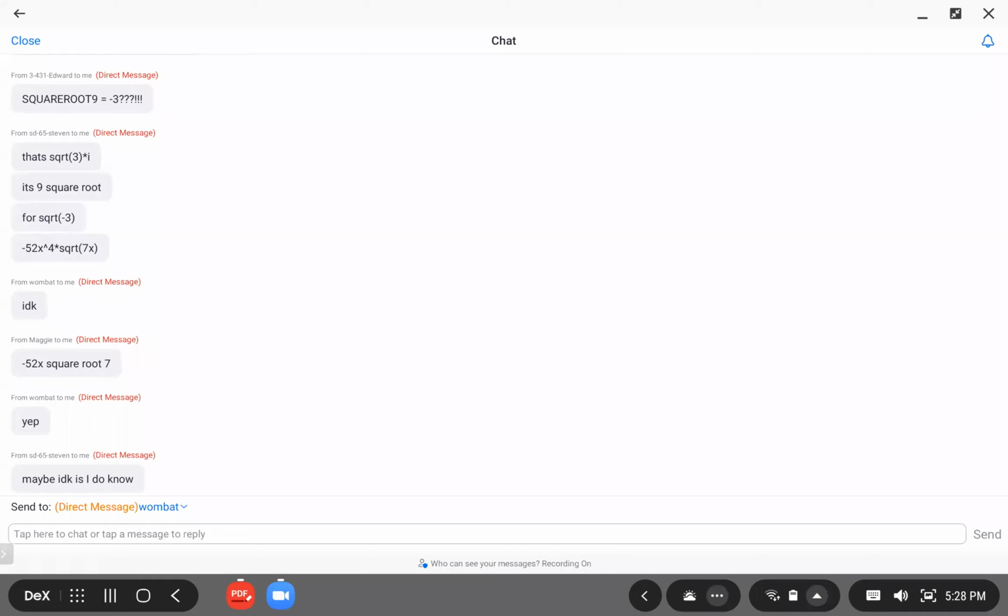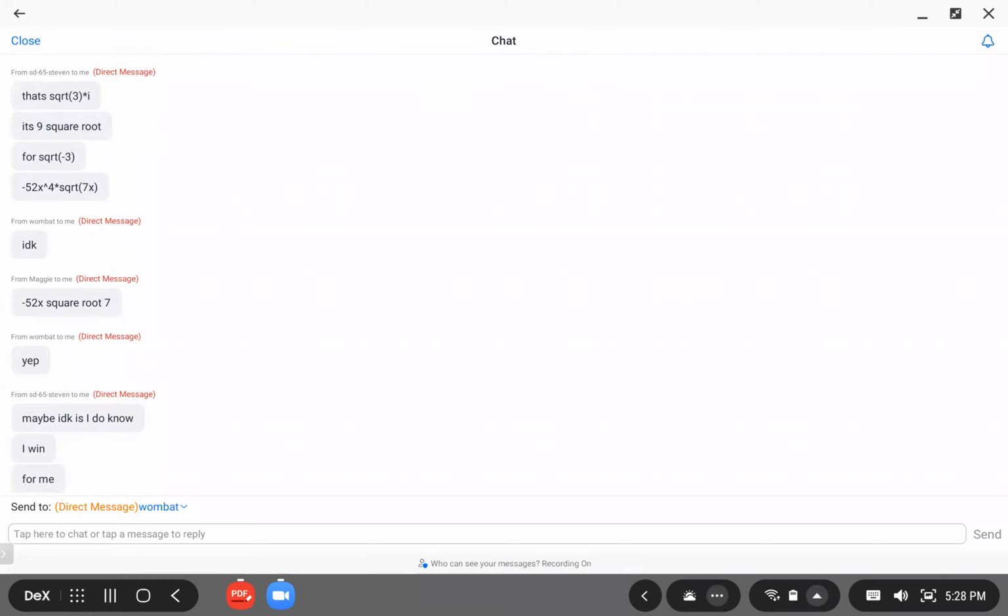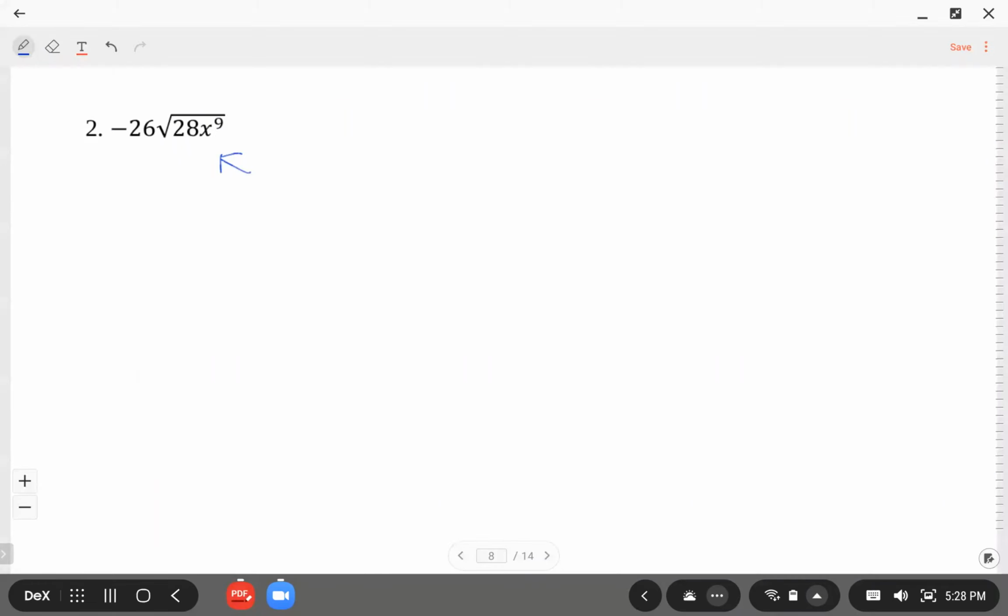Or are you afraid that it is wrong? Okay. First of all, based on my experience of simplifying radicals, I can tell that Maggie's answer is incorrect, and Stephen's answer is probably correct. Maggie's answer is mostly correct.